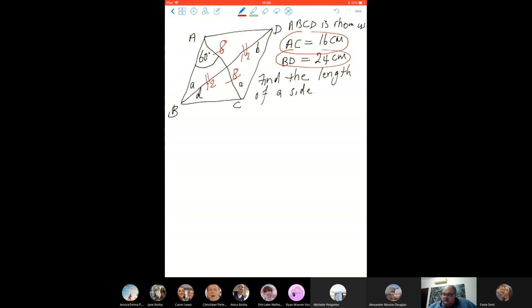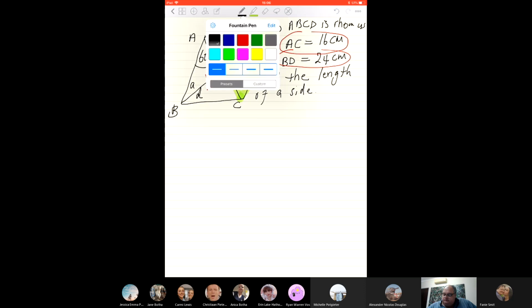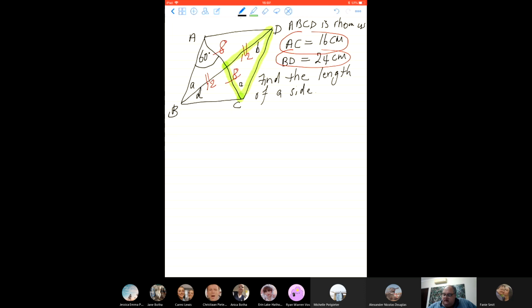So let's take this triangle over here, for example. I just need to find the length of one of the sides, so I need to find this length over here. But I can't find that because this triangle is not a right angle triangle. Or is it?